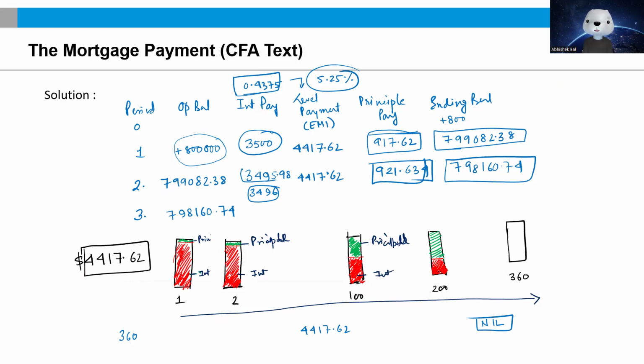You see a large portion of the monthly payment actually goes on to meet the principal, retiring the principal, whereas some portion still goes to serve the interest. And what would happen at the 360th month? Yes, you've guessed it right. This entire bucket is going to meet the principal. And this is precisely how your amortization schedule actually works.